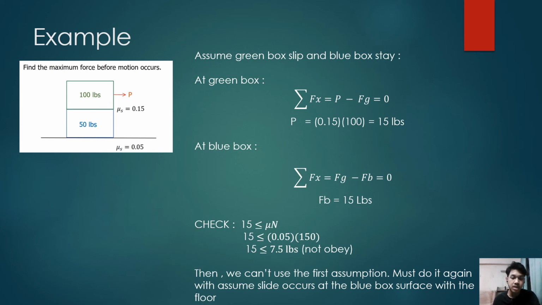Since 15 is bigger than 7.5 pounds, it does not obey. So the first assumption fails, and we must do it again, assuming that sliding occurs at the blue box surface with the floor.